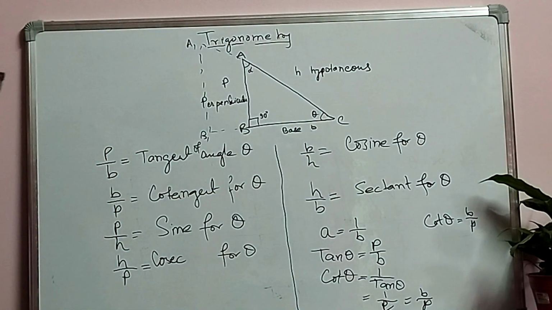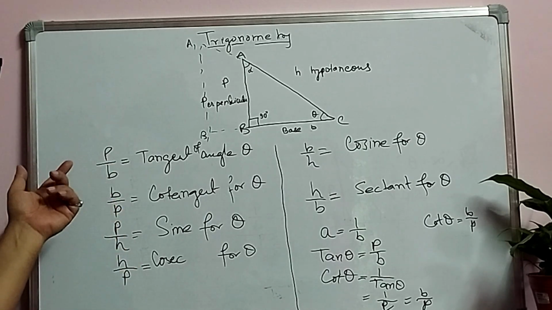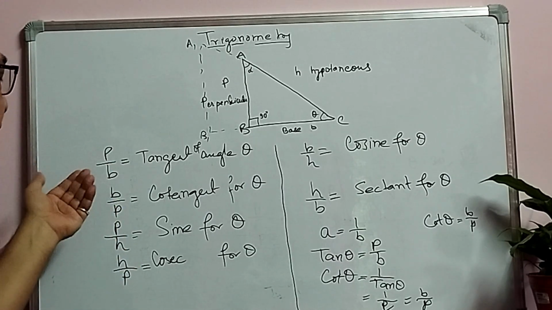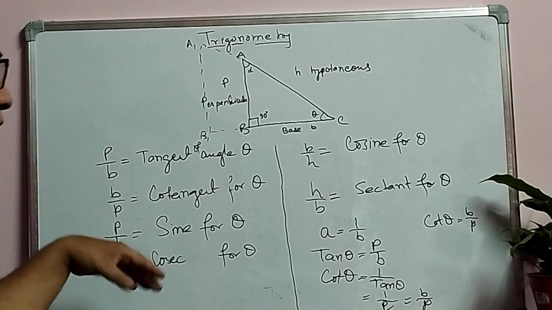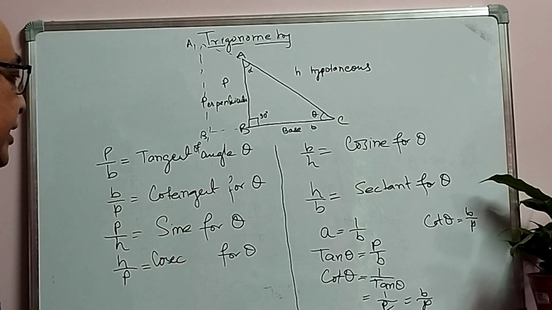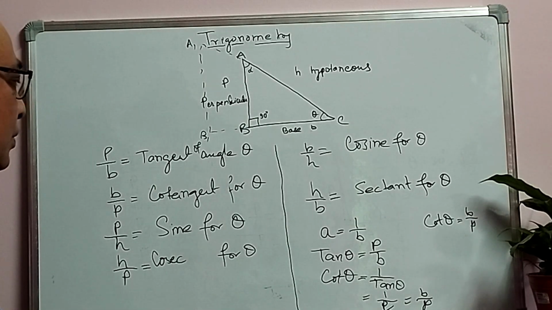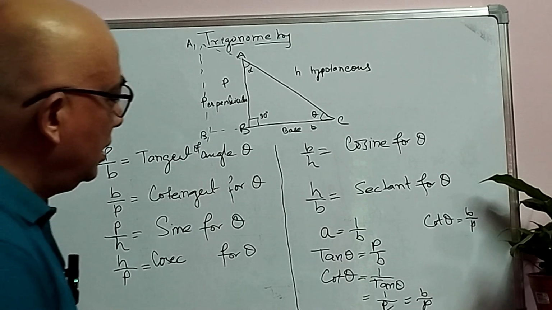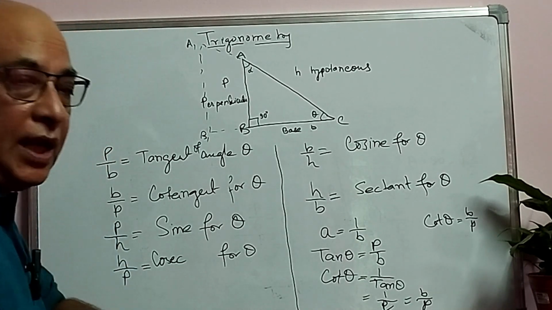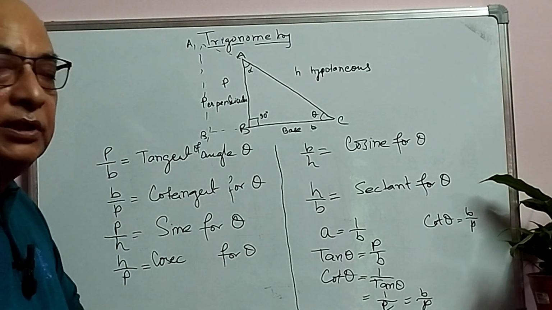So here we learned the ratio of the sides and their names, how they are named, what they are called. So these are what we have just learned. I hope you have understood up to this.